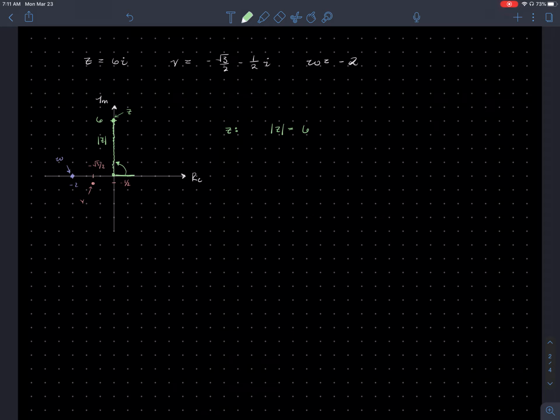We can do a side note as well. We can say that the modulus is equal to the square root of our real component squared, we have 0 real component squared, plus our imaginary component squared. So we end up just getting the square root of 36, which is just 6. This is the more analytical, mathematical way of doing it, whereas the other way we just knew that it was going to be 6.